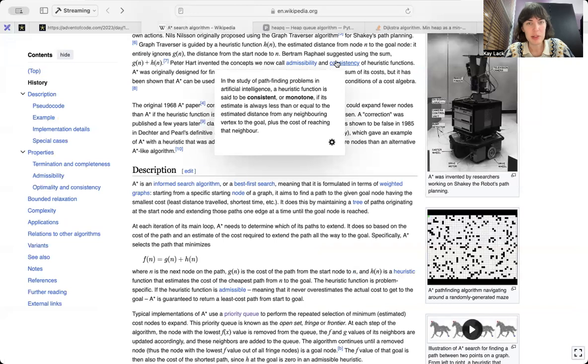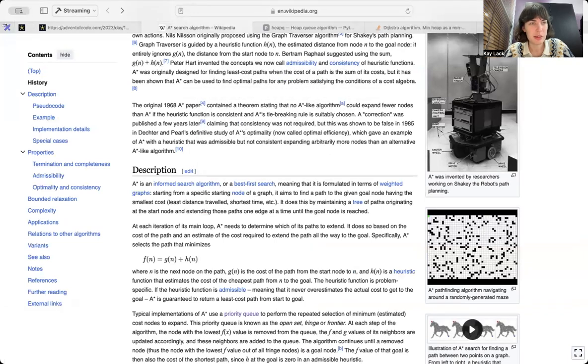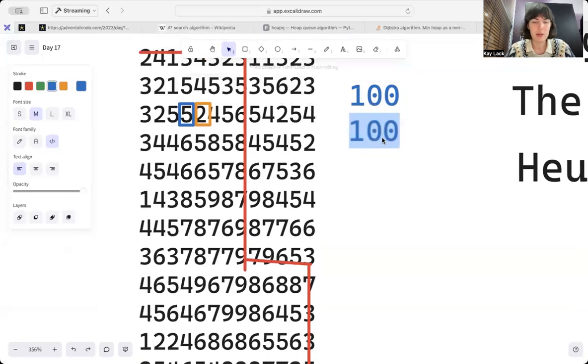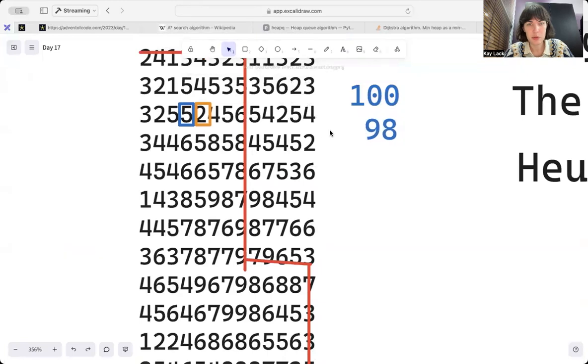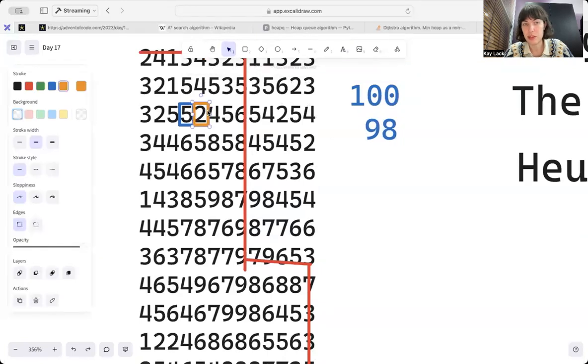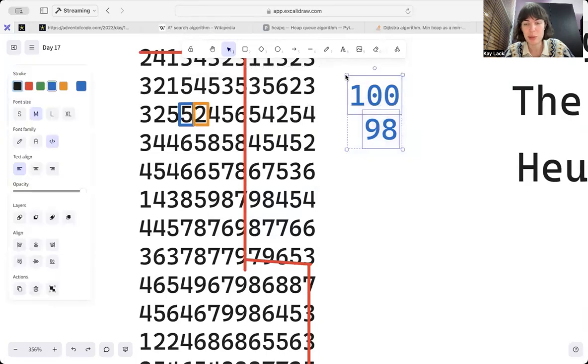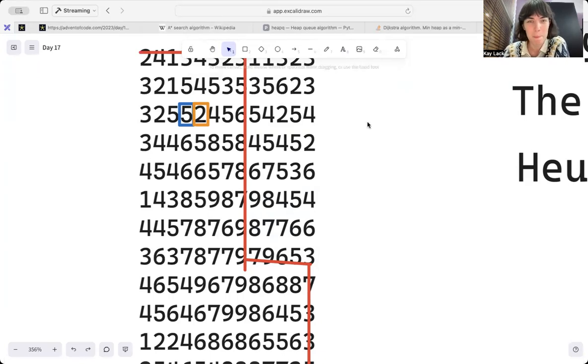Less than or equal to the estimated distance from any neighboring vertex, less the cost of getting to that cell. So in this case, it should be 98 or fewer, I think. In any case, it shouldn't be a big problem for us because we'd have to do something pretty weird to break that rule. Again, I'm not absolutely certain about this, and these points may end up being important, so I may have to become certain of them later.